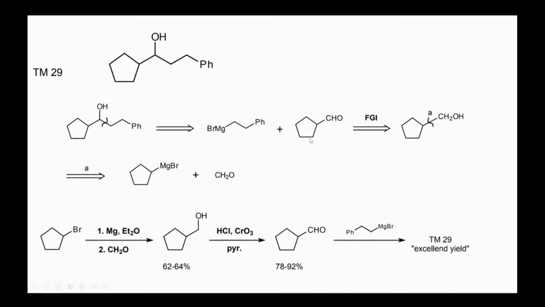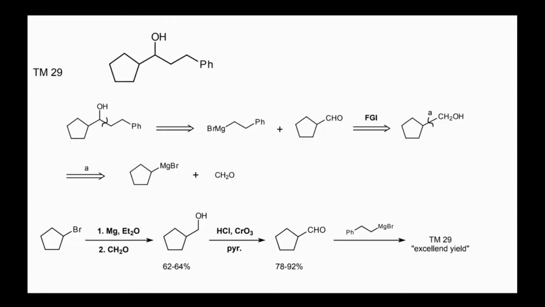But if you want to go further, then you do FGI of this aldehyde, convert this aldehyde into alcohol, and now you can disconnect this alcohol from this position. One side will become magnesium bromide and the other side will become formaldehyde. So you can really go down towards very simple, very cheap starting materials such as formaldehyde.